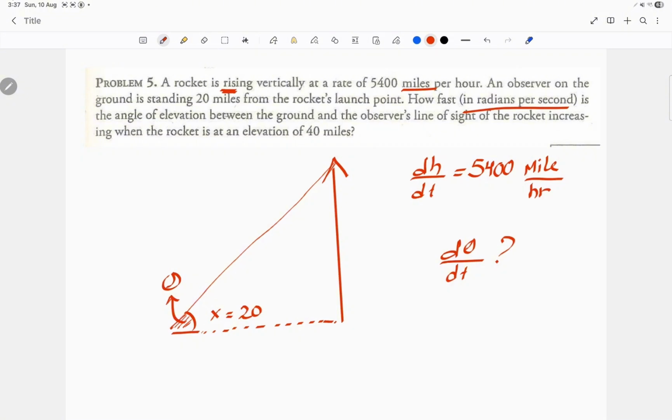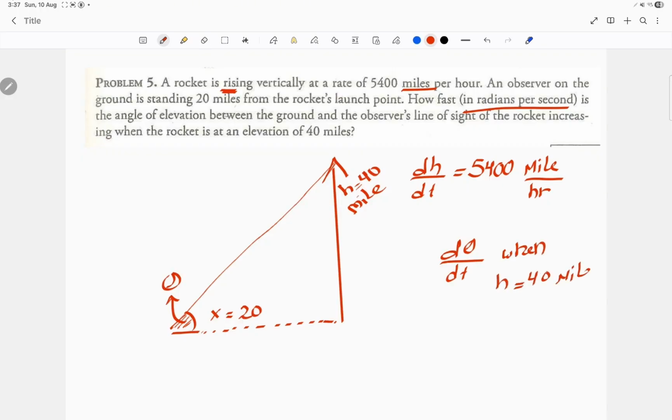The rocket is at the elevation of 40. Now, they're saying find d theta over dt when the height is 40.